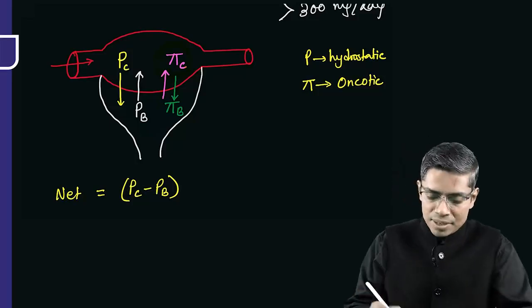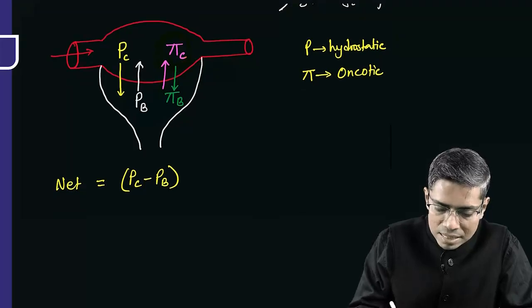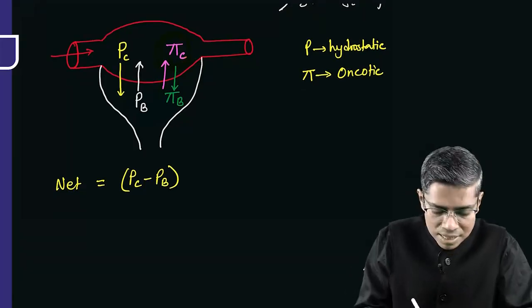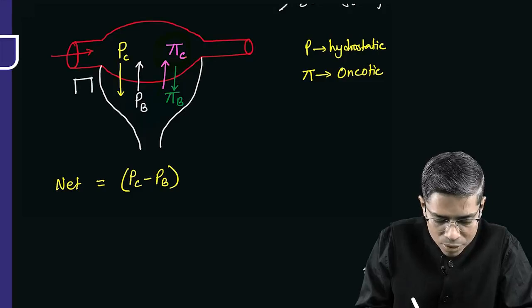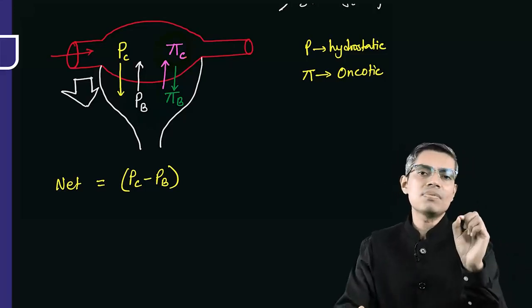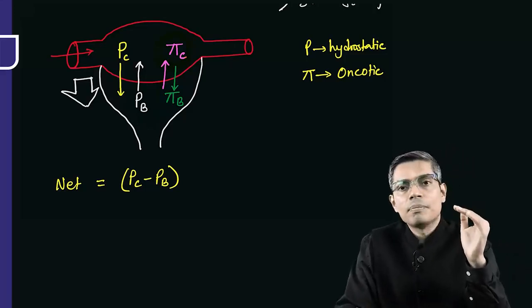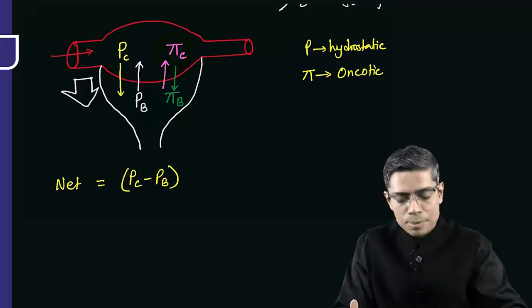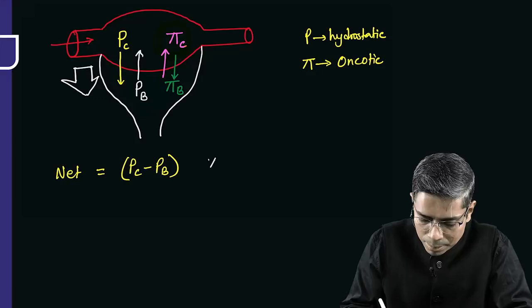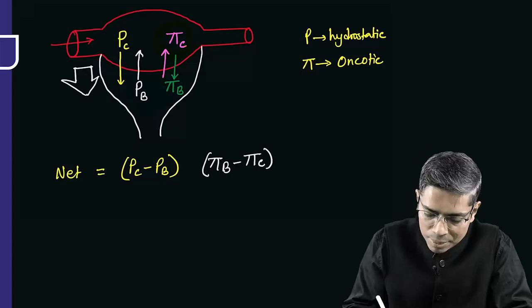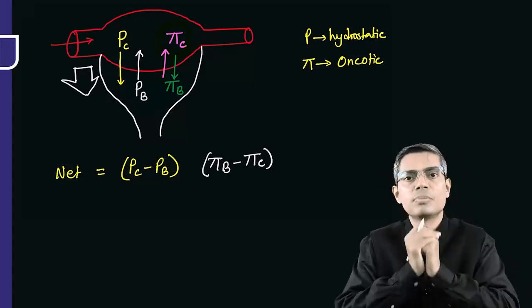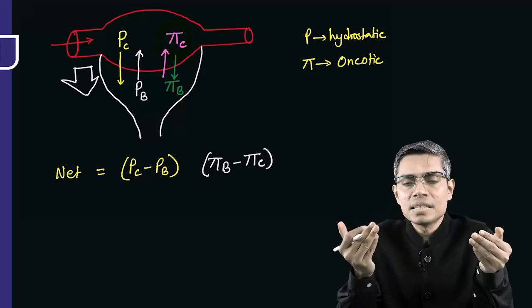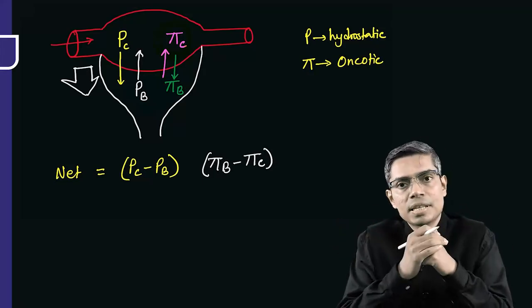Now, what is the net oncotic force acting from the capillary towards the Bowman's capsule? Your answer will be pi B minus pi C, because pi B is trying to drag fluids towards the Bowman's capsule and pi C is obstructing that.